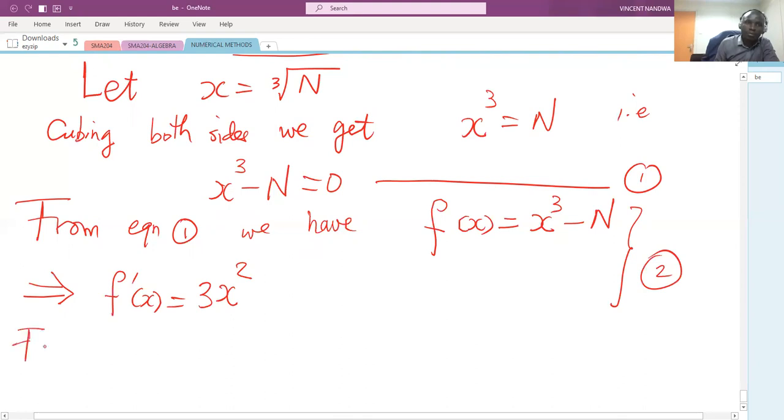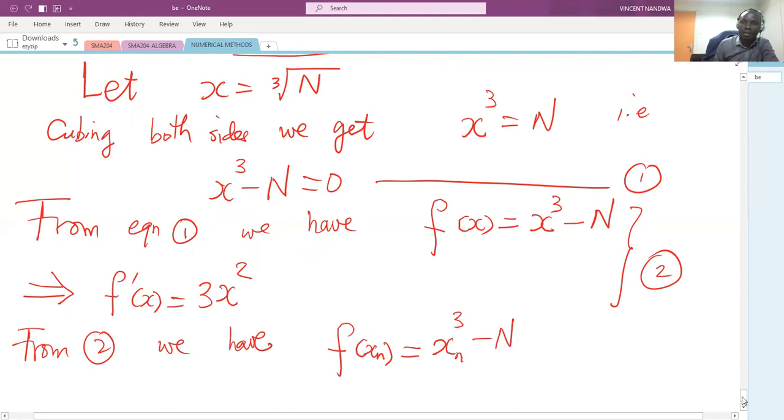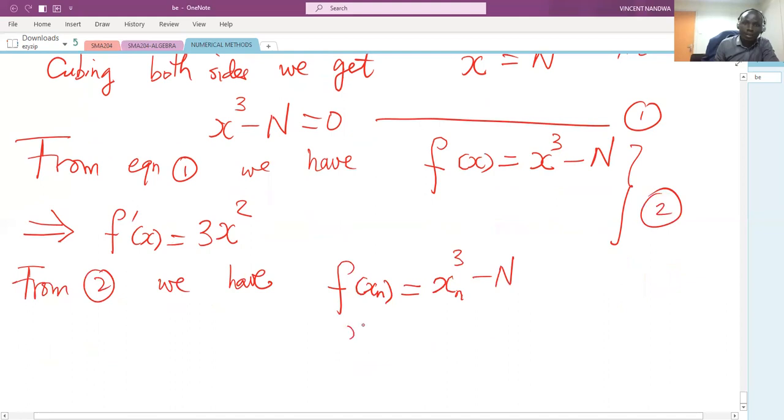From 2, f of xn, the nth iterate, is given by xn cubed minus n, and f prime at xn is given by 3xn squared. Let's call this pair 3.